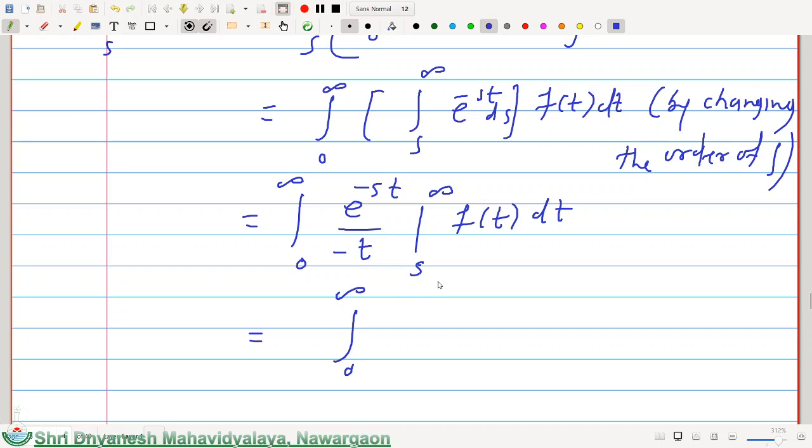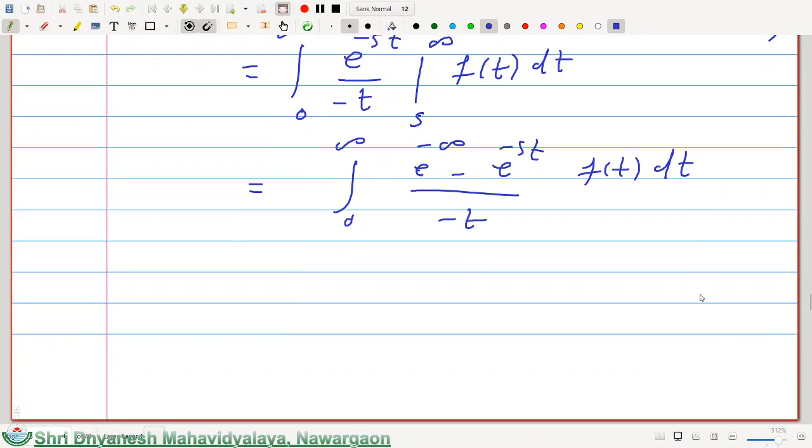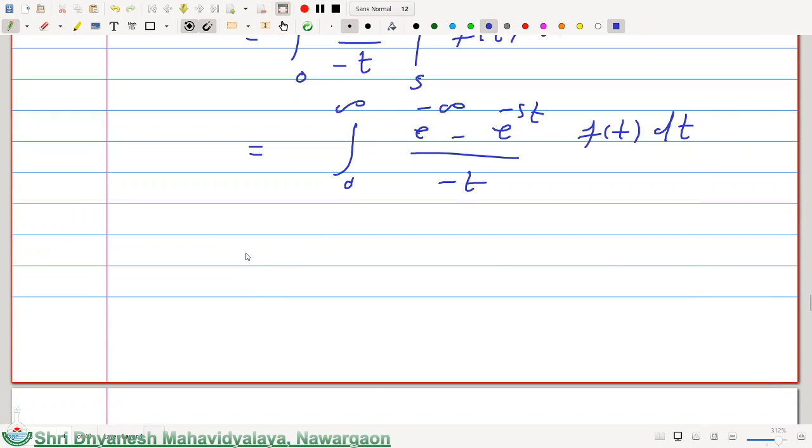Integration 0 to infinity, apply this limit to e to the power minus st: you will get e to the power minus infinity minus e to the power minus st, upon minus t, f of t dt. This can be written as integration 0 to infinity, where e to the power minus infinity tends to 0.